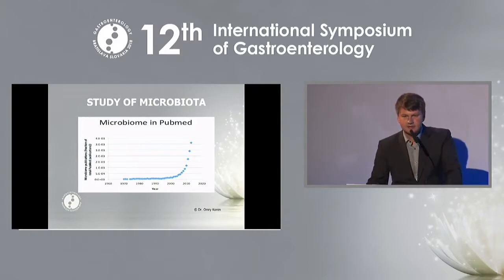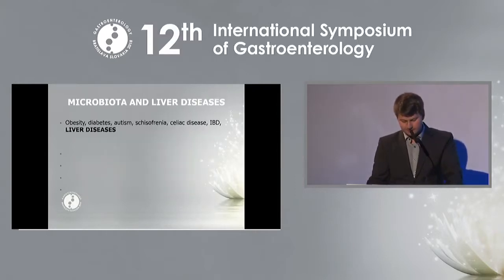So as you can see, there is quite a progress in knowledge in the microbiota. This is mostly caused by the next generation sequencing techniques, starting around 2010, and really you can see hundreds and hundreds of articles on PubMed regarding the microbiota. It is getting quite an attractive topic, not only in gastroenterology but in other branches of medicine.